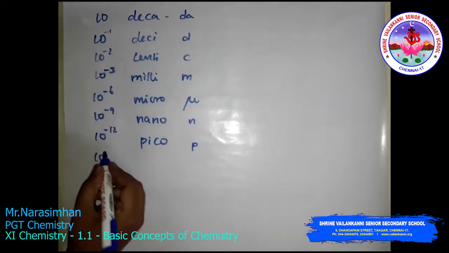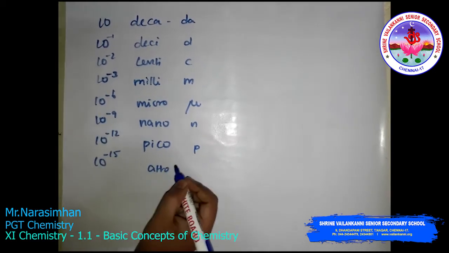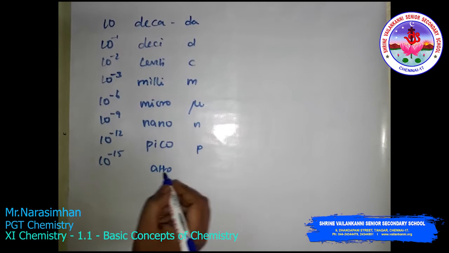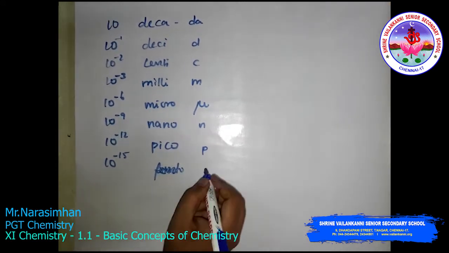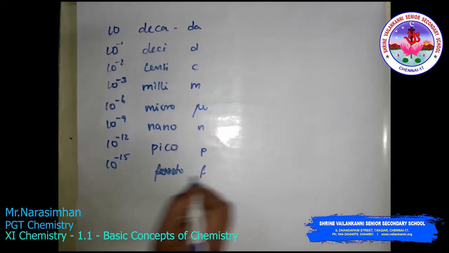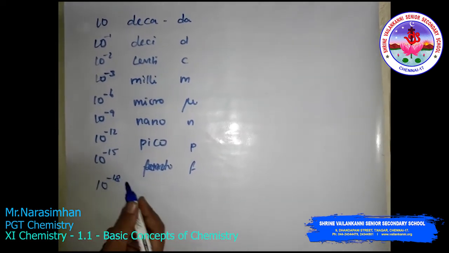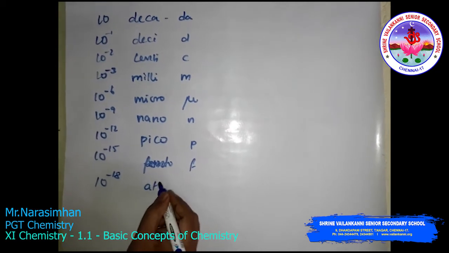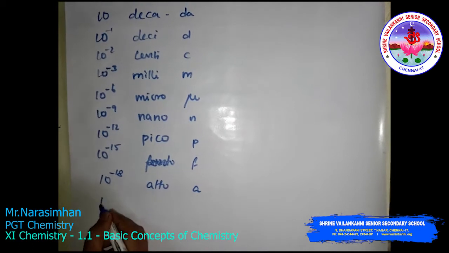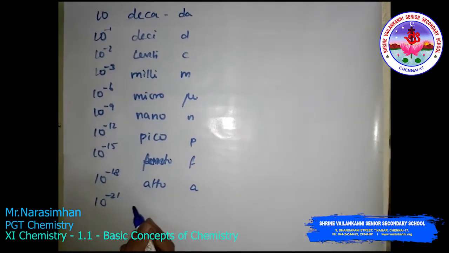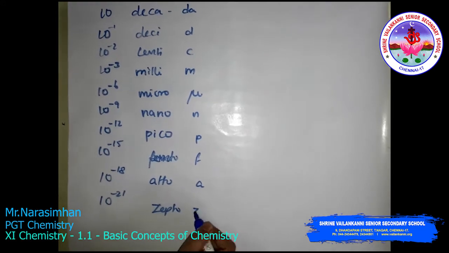10 power minus 15 is femto, symbol f. 10 power minus 18 is atto, symbol a. 10 power minus 21 is zepto, symbol z.